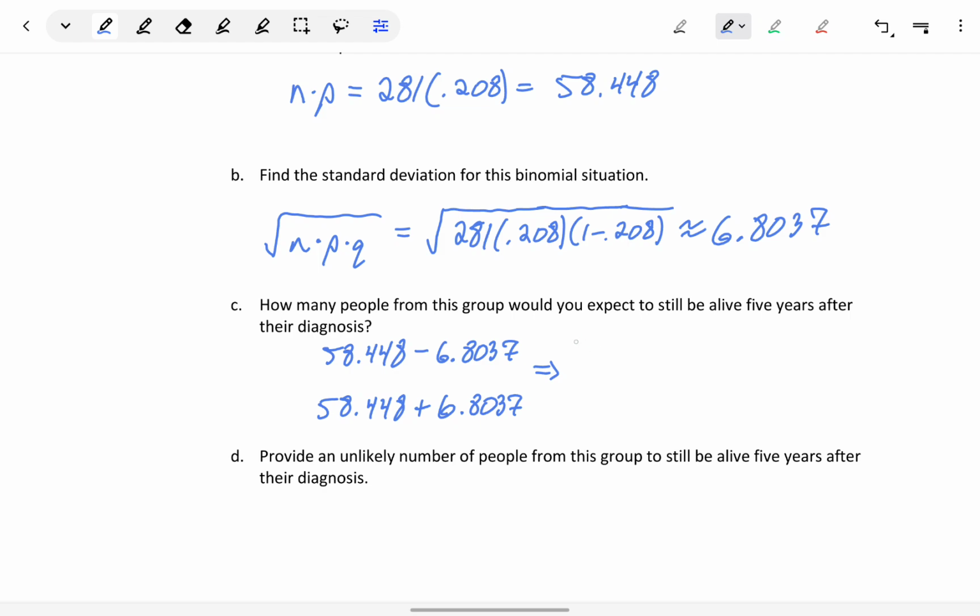This will give us two different results, 51.6443 and 65.2517.